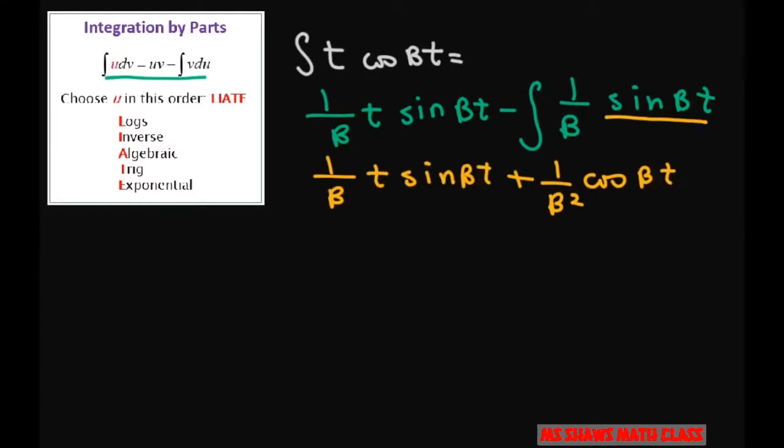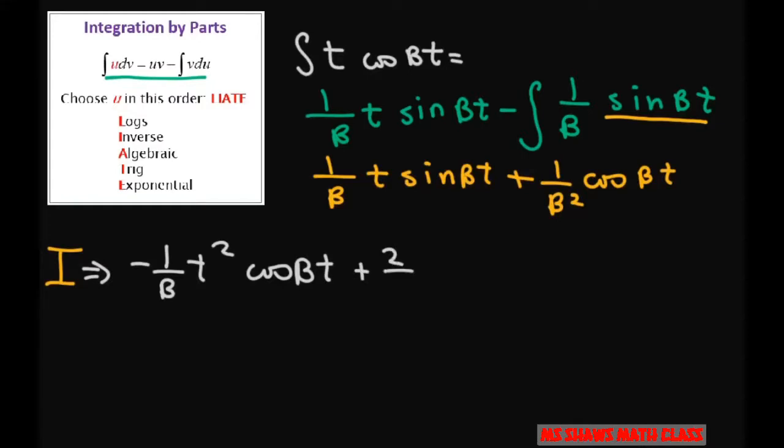So now go back to our original integral, and we're going to copy that first part we had down, which was negative 1 divided by beta t squared cosine of beta t. Then we had that plus 2 divided by beta.